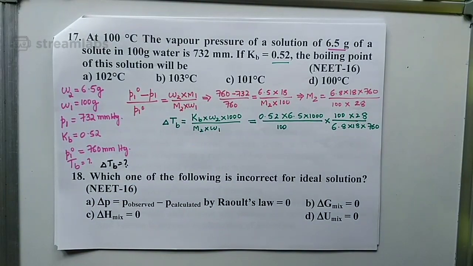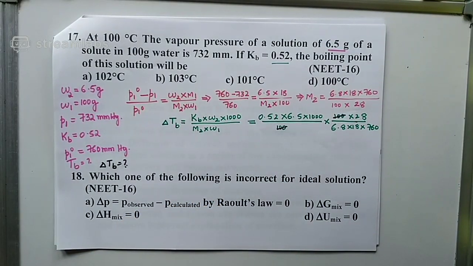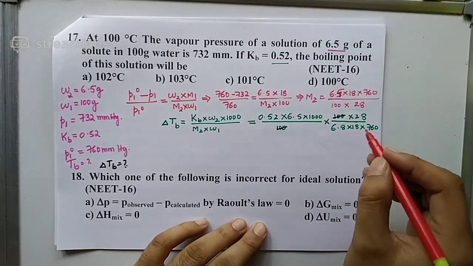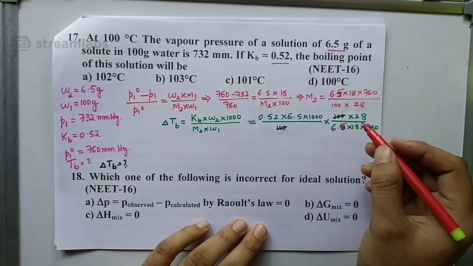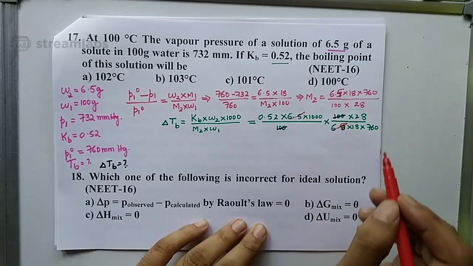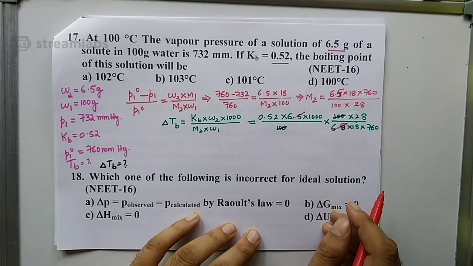So now a lot of numbers cancel out each other, so the method of calculation becomes easier. This 100 cancels, this is 6.8, this is 6.5, sorry, this should be 6.5. So this 6.5 and this 6.5 cancel, and you can easily cancel out certain other numbers.